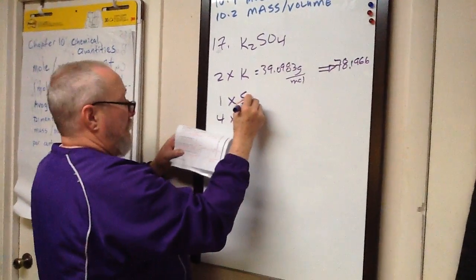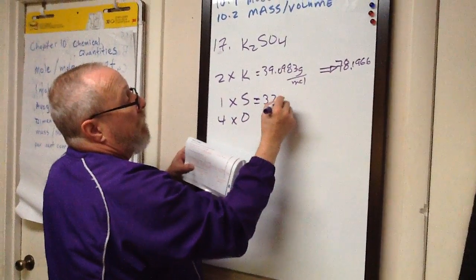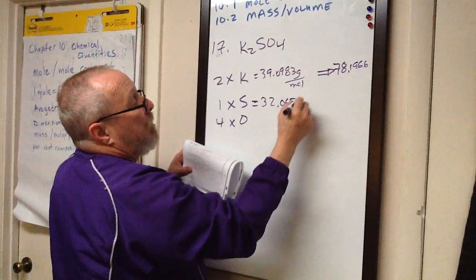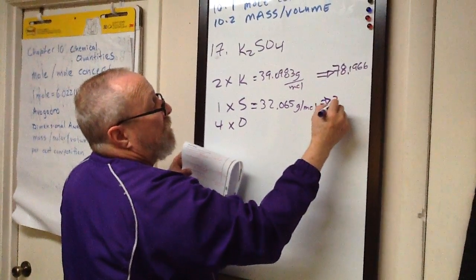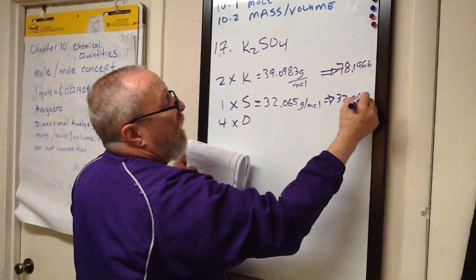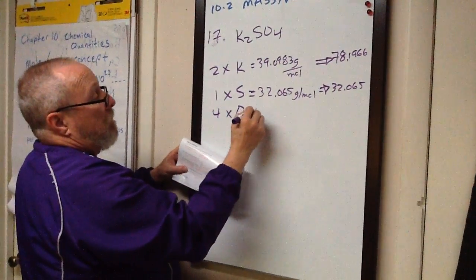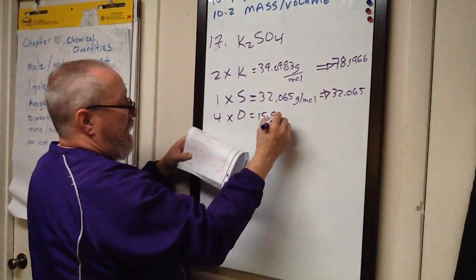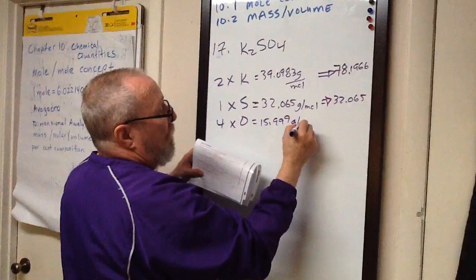And sulfur is equal to 32.065 grams per mole. And one of them would give me 32.065. And oxygen is equal to 15.99916 grams per mole.